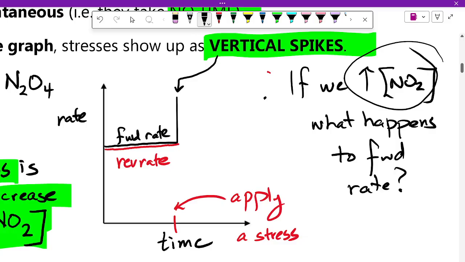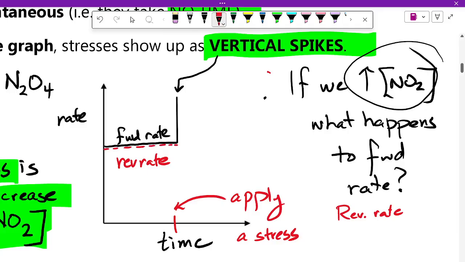What happens to our reverse rate in that microsecond? Have I done anything to the concentration of N2O4? It just stays the same. In this case, I've shown the forward as a black line and the reverse as a red line, but if you don't have two different colors, you can always do the reverse as a dashed line.